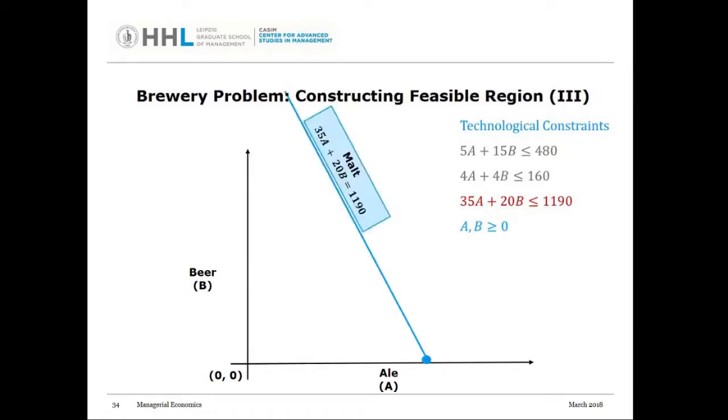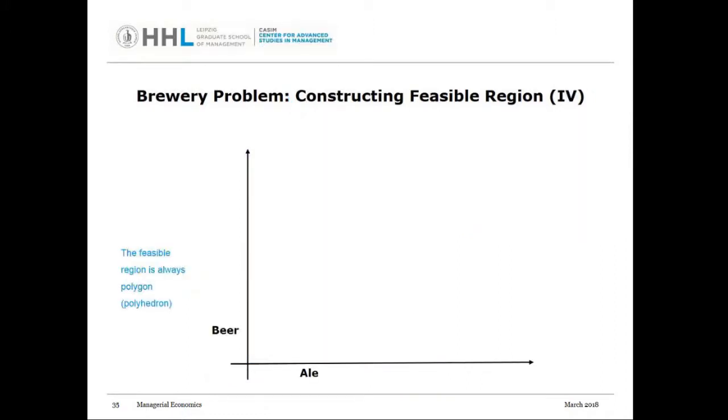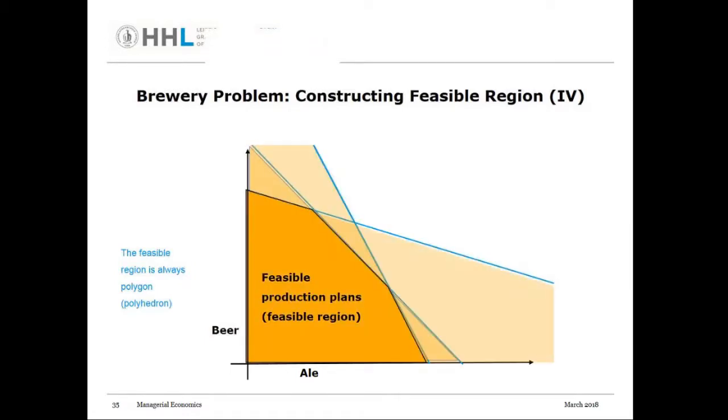Of course, the third is the mold, nothing really different, so we would create the third region. What is important over here is that the constraints should be satisfied at the same time. So how do we do it? We have to put them together, and at the region where they intersect, it means that they are satisfied at the same time, we get what is called a feasible production plan.